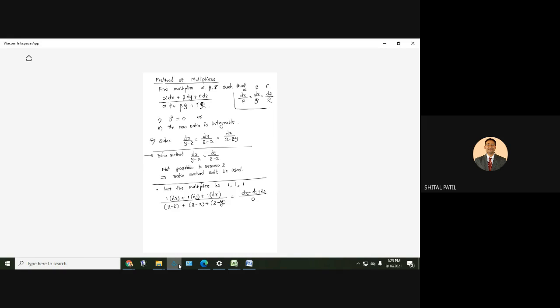Please make the required change. Y minus z, z minus x minus y. Okay, so we are getting 0 in denominator.